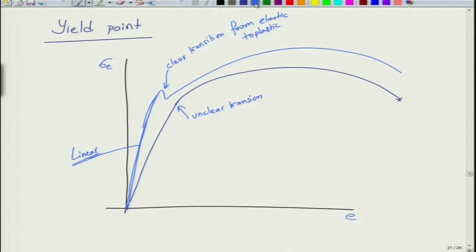What we do is that we draw a line parallel to the elastic region at a strain of 0.002, and the corresponding stress is sigma y, the 0.2% proof stress.